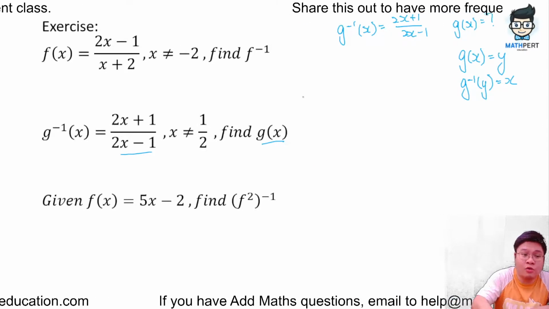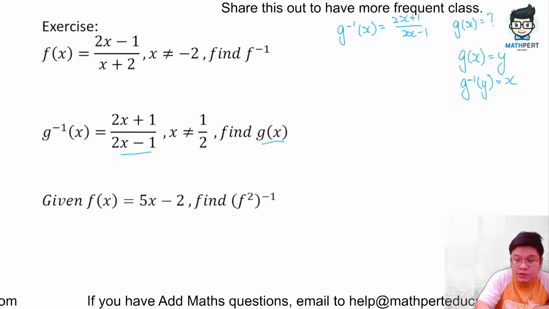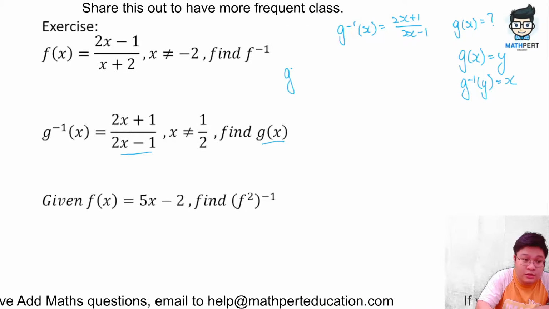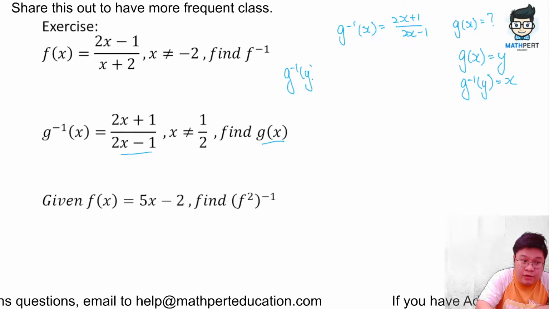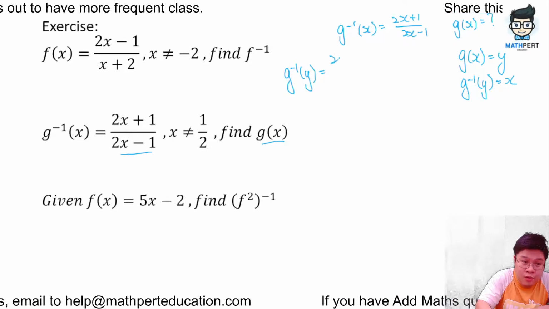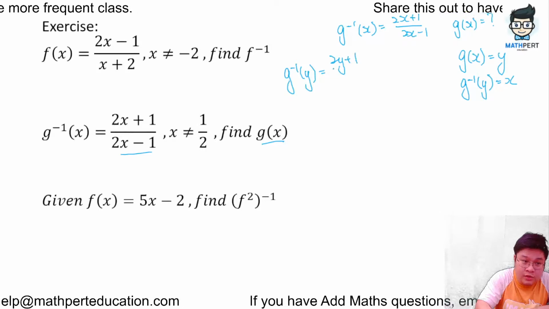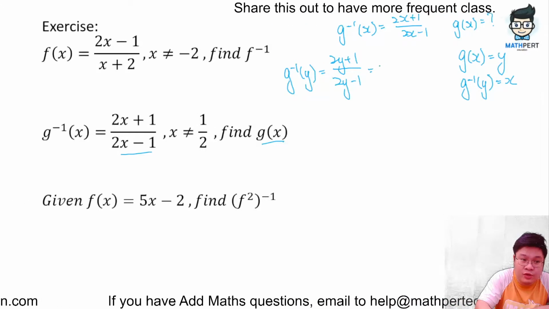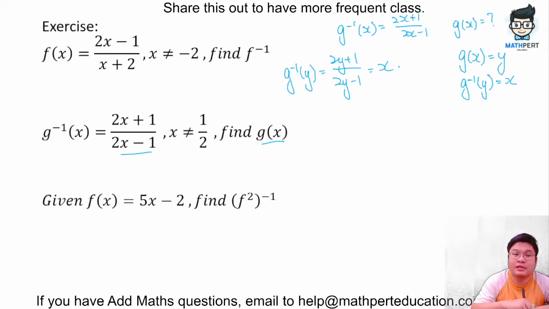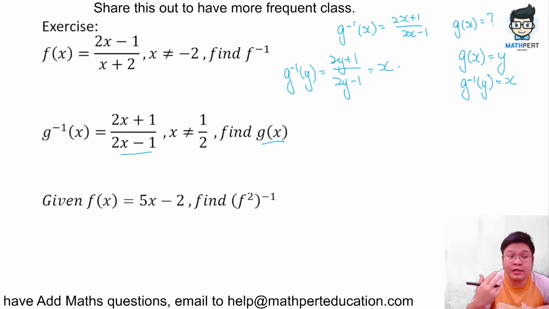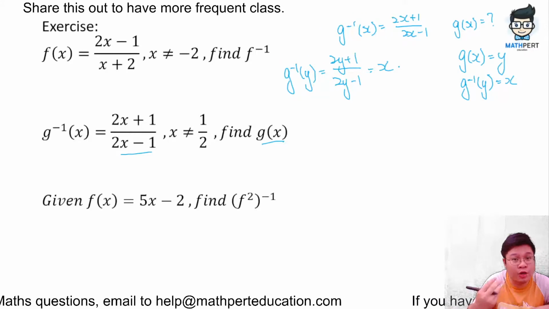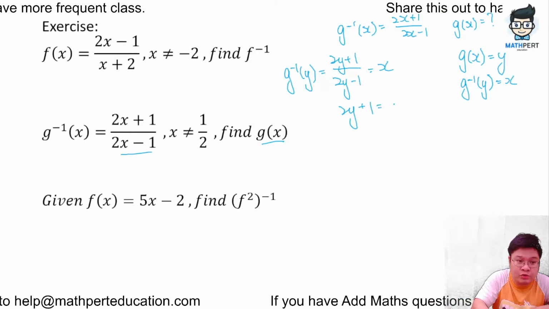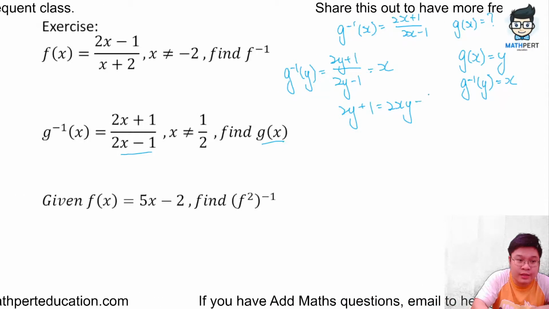So inverse g of y equals 2y plus 1 over 2y minus 1 equals x. Now we need to make y the subject, so we do cross multiplication. We get 2y plus 1 equals 2xy minus x.